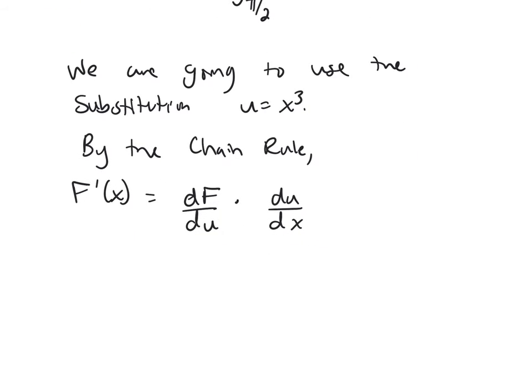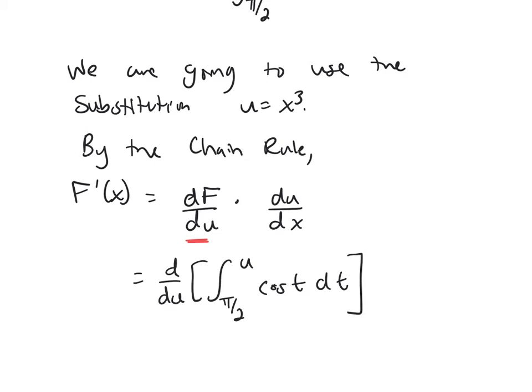And for this first term right here, we get the derivative with respect to u of the integral from pi over 2 to u of cosine t dt. And remember, u was x cubed, so what's du dx going to be? It's going to be 3x squared.